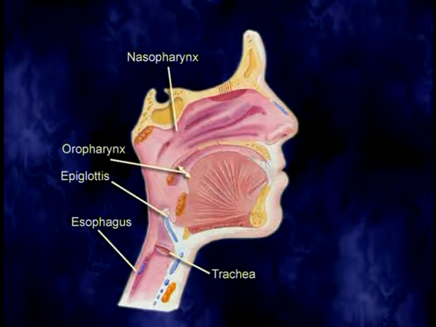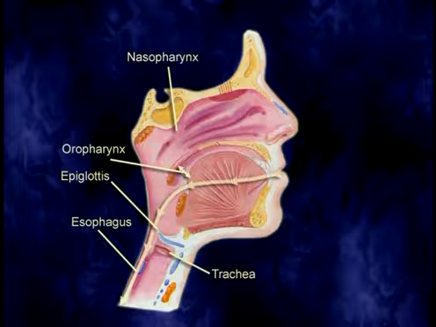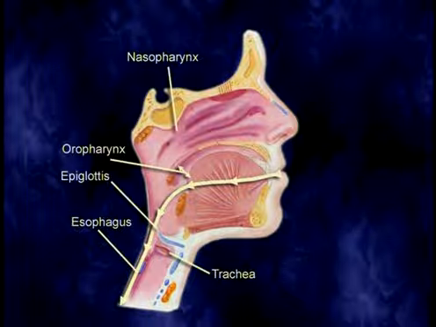The epiglottis flaps back because the tongue pushes it back and the food or water also push it back in its flexible state, and it makes the swallowed objects go back down into the esophagus and miss the opening to the trachea. This is really important. And again, you can defeat this by trying to talk, which requires breathing and opens that area, while at the same time you're swallowing.